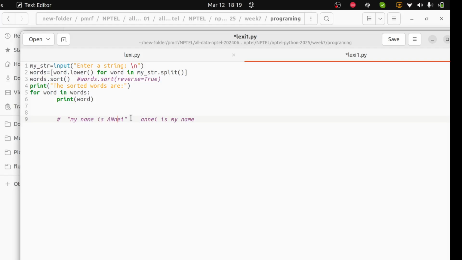Now, if it is a combination of a small letter and capital letter, there is a problem. There may be a problem in Python to understand what I will do with that small letter and capital letter. Python is very case sensitive of that lowering case and uppering case. So to avoid this problem, we will do a word.lower. Word.lower will do what? It will just do the lowercase of all these uppercase words. Okay. So here uppercase letter.